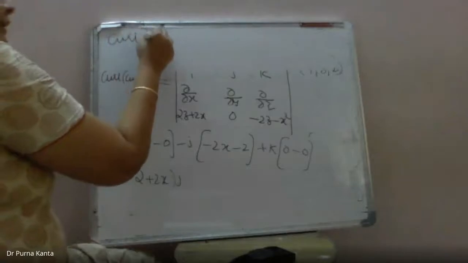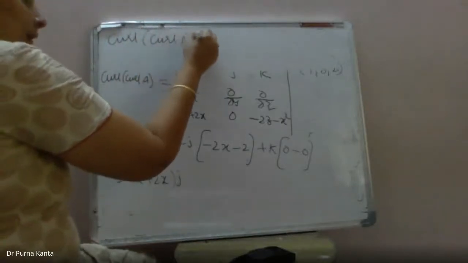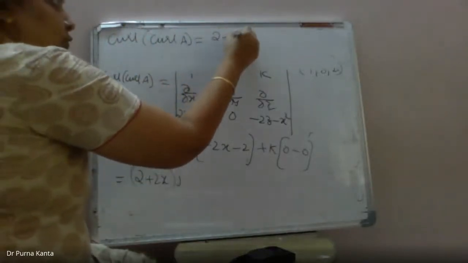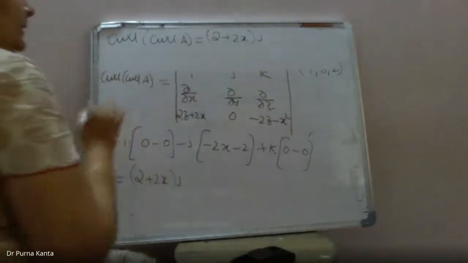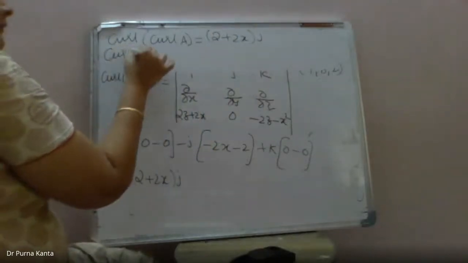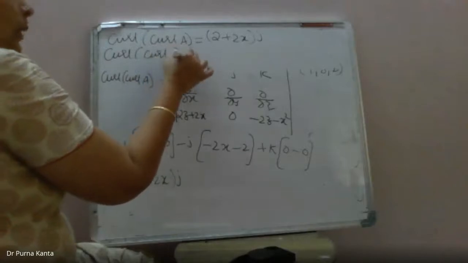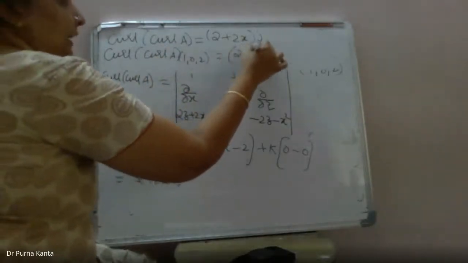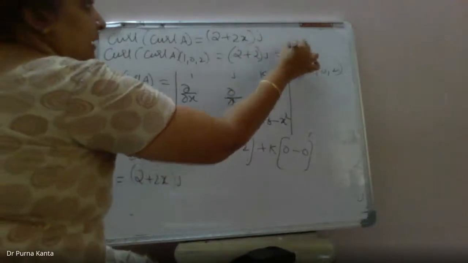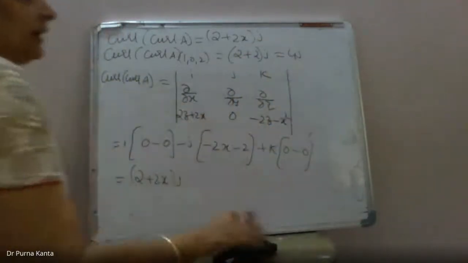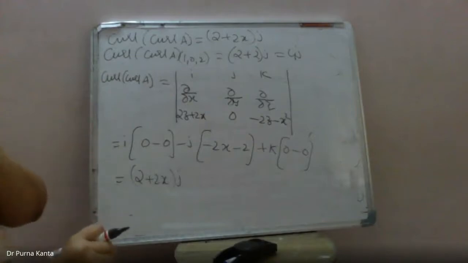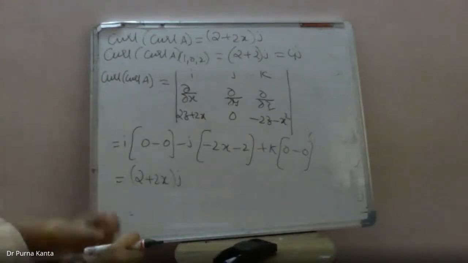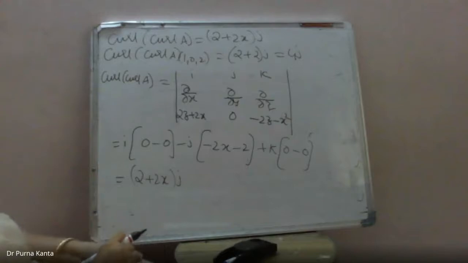So curl of curl A is equal to (2 plus 2x) j. This we are asked to find out at which point? At the point (1, 0, 2): (2 plus 2) j, 4j is the value. Check your answer whether you got the value as 4j.